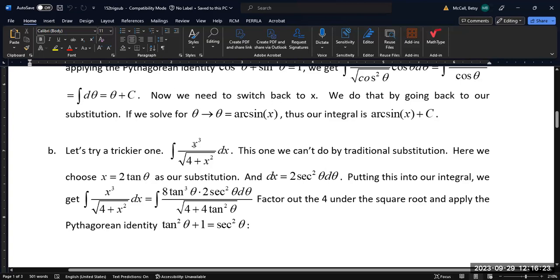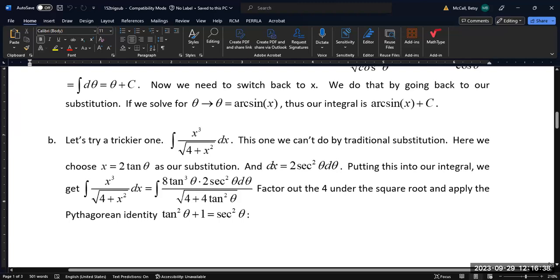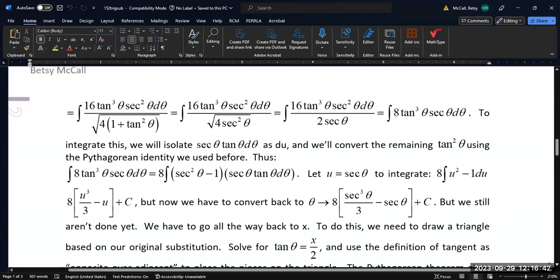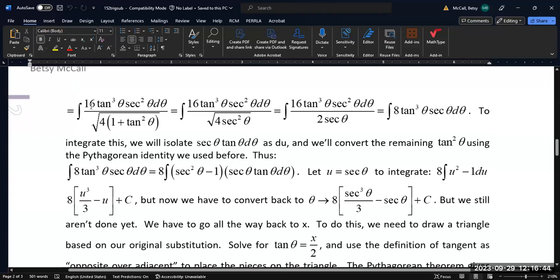And in the numerator, we're replacing x cubed with our 2 tangent theta quantity cubed. So that's our 8 tangent cubed. This is our dx, and then this is our radical. And if we simplify a bit more, we're combining our 8 with the 2 from our derivative.